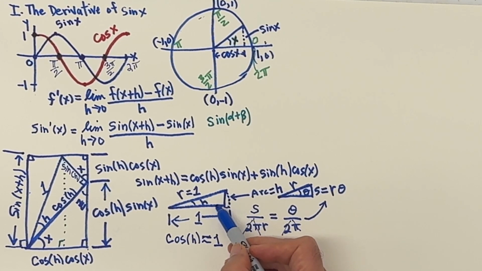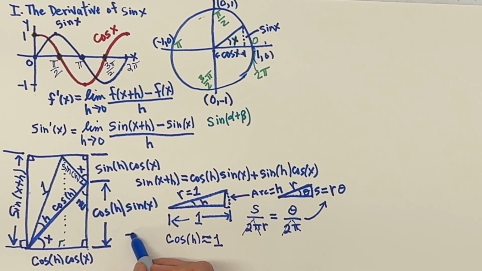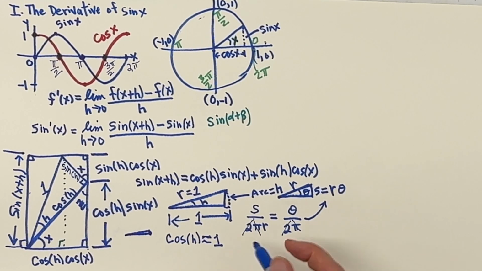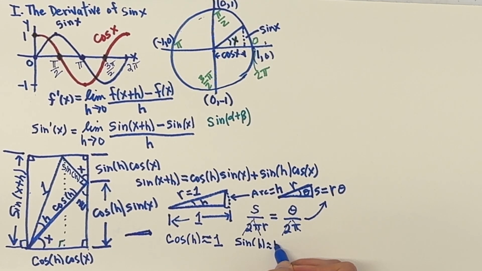As you get smaller and smaller, really small here, if we can do an even smaller one, then the arc, if I try to draw the arc and that vertical line, they're very close. So that would mean that the sine of h is approximately h. Now, it's important to note that this h is in radians. That's important.